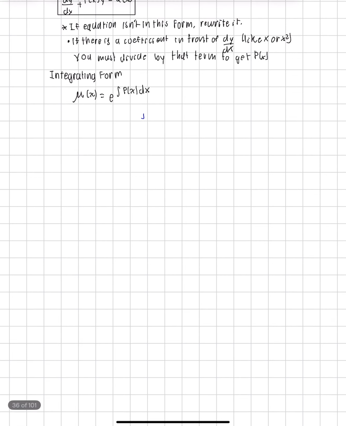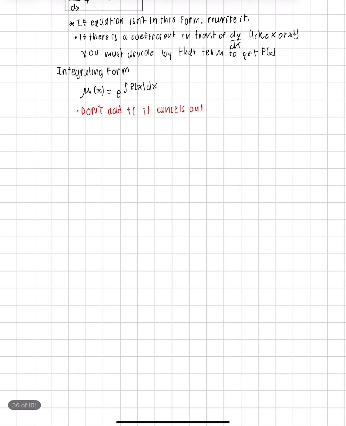For this, you don't have to add plus c, the constant of integration, because it cancels out. Now, the product rule trick for this.